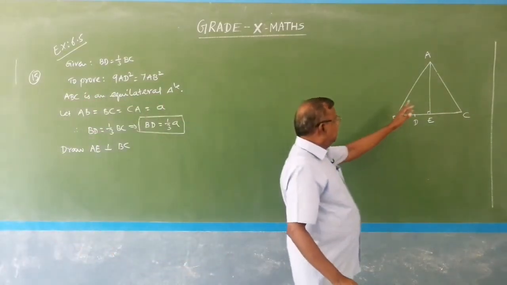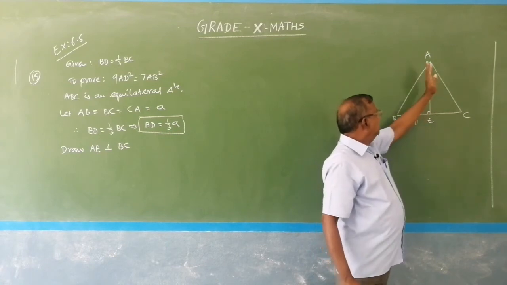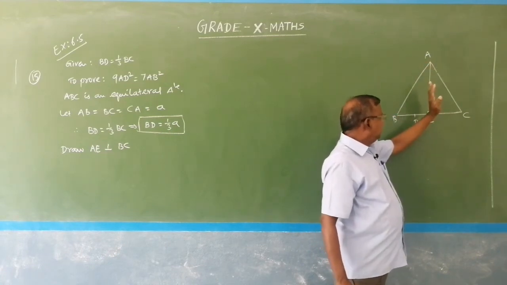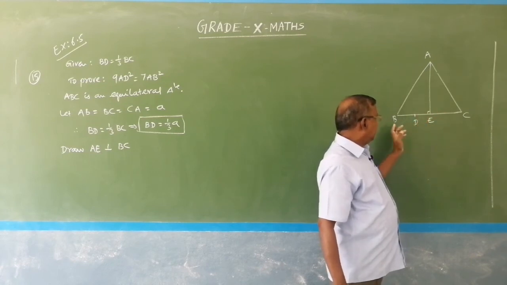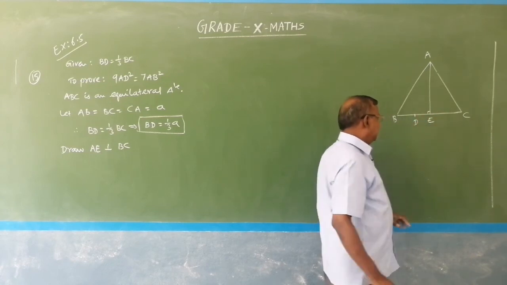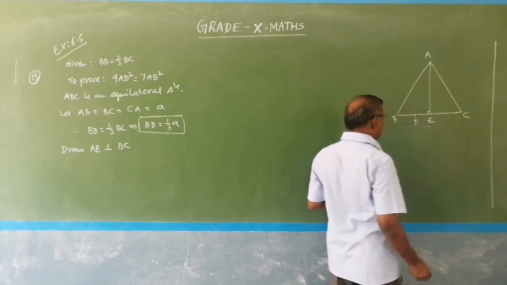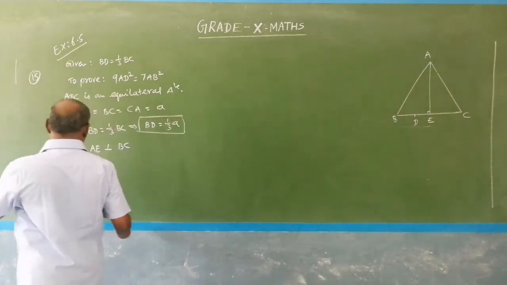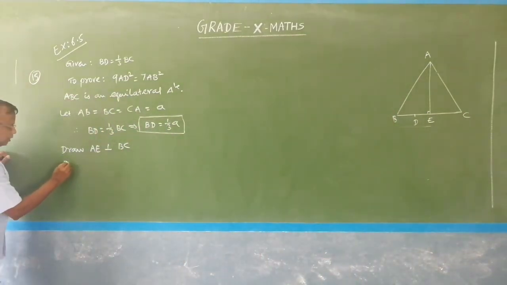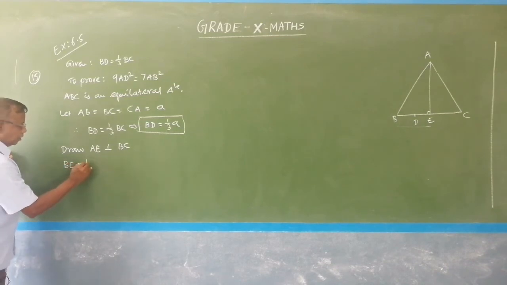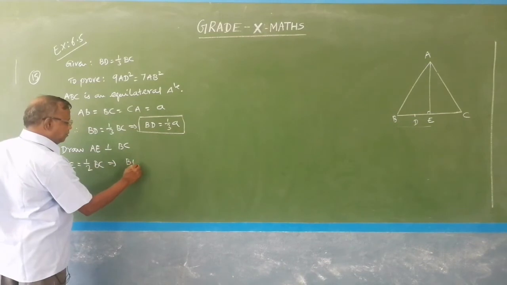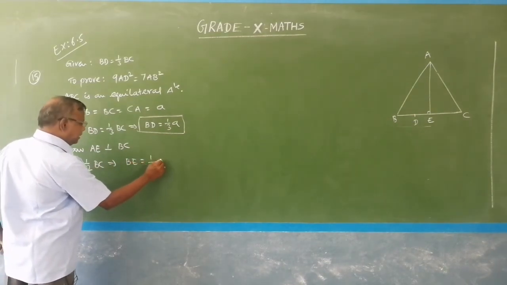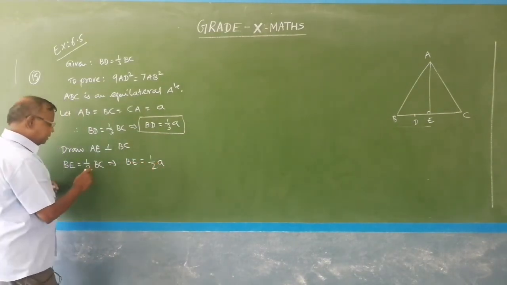In an equilateral triangle, if you draw an altitude, that will be the bisector, acting as a median also. Therefore E is the midpoint of BC. Therefore BE equal to half BC. So BE equal to half into A, because we are taking BC as side A.